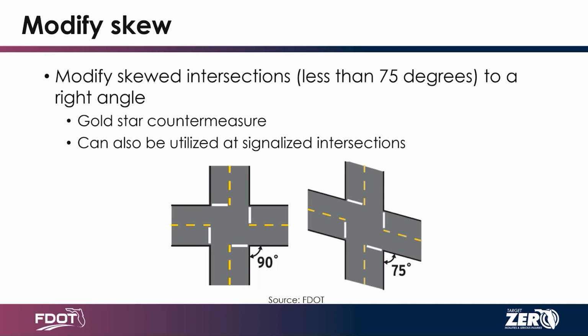It improves the sight distance at the intersection, and also driver expectancy, knowing that you continue straight through versus potentially needing offset lane line extensions and things like that.